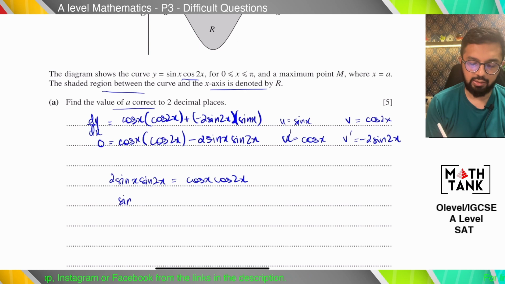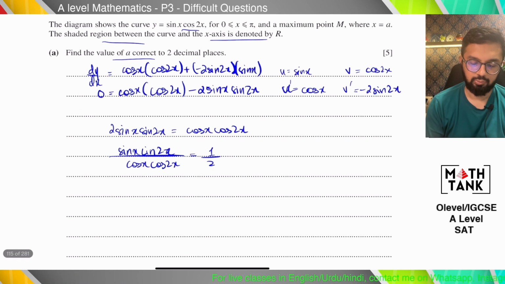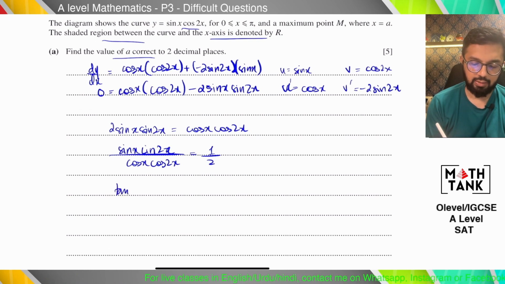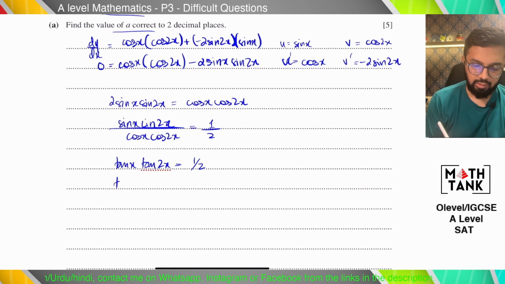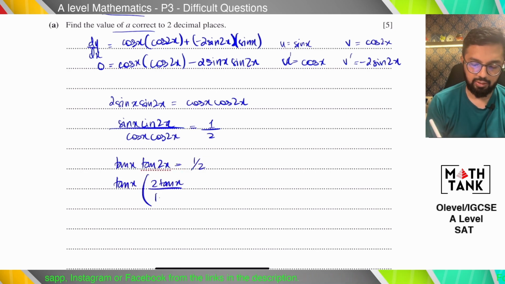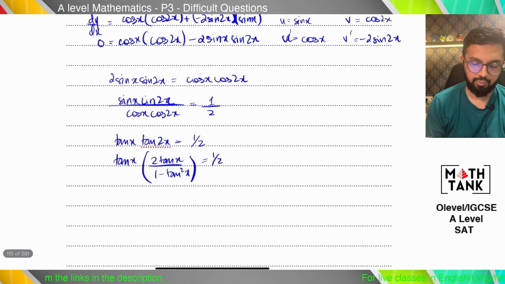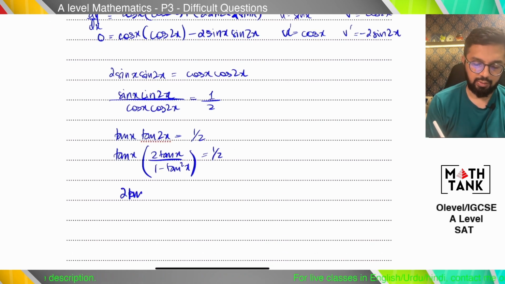Okay, so sin x, sin 2x, 1 over 2. So tan x, tan 2x, tan x, and 2 tan x over 1 minus tan square x, 2 tan square x.